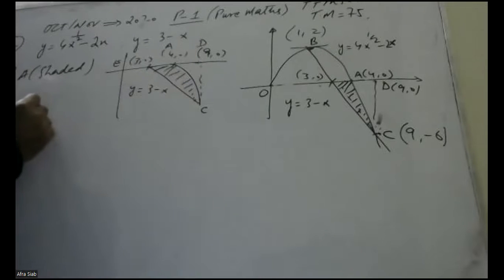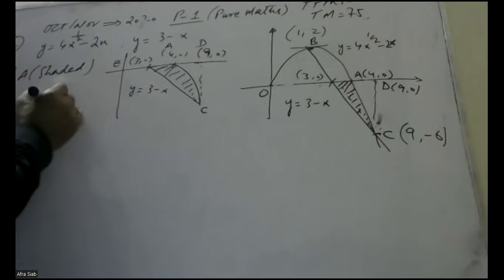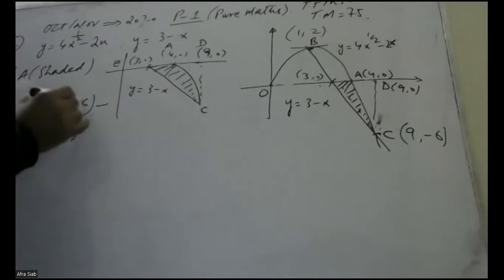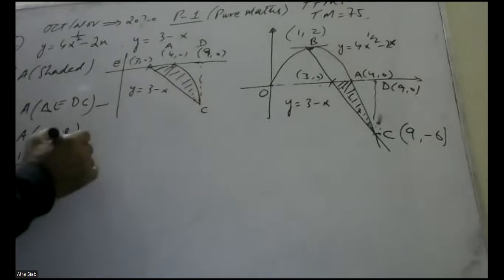So the area of this right angle triangle should be equal to half, or we can write area of triangle EDC minus area under the curve. So area of ECD is equal to half into 9 minus 3, which is 6, into this height, which is also 6.